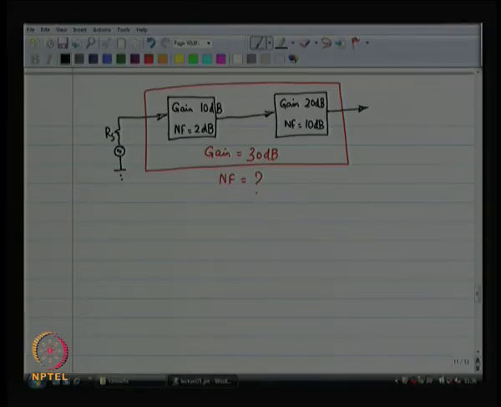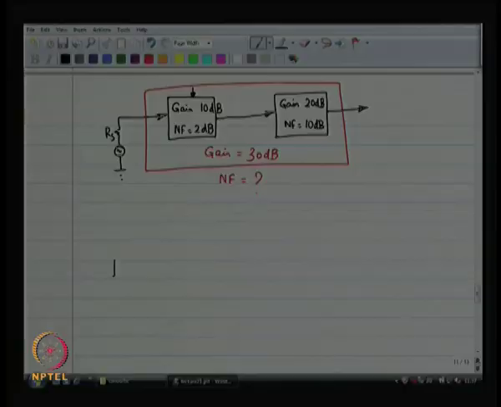So, we can't avoid it. Now, what is the noise contributed by the amplifier itself in relation to how much noise is coming from the source? So, that extra noise is 2 dB more than the noise of the source.